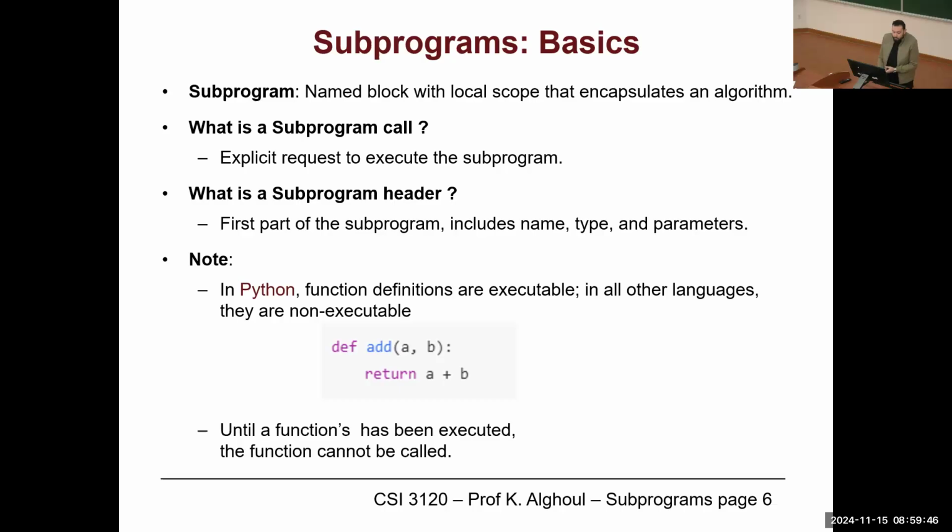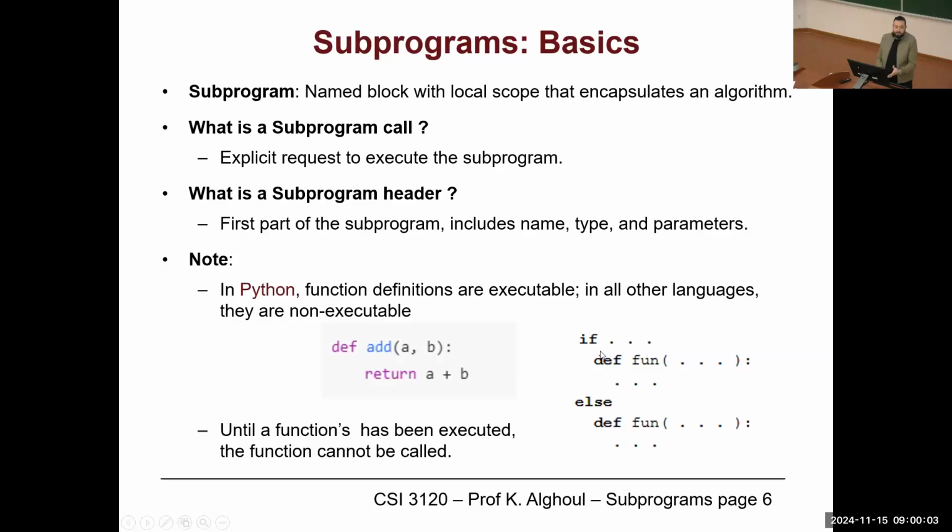Now, when it comes to Python, what's going to happen if you have something like this: an if, and then inside it there's a definition of a function? You cannot call this because you didn't arrive at this if condition.